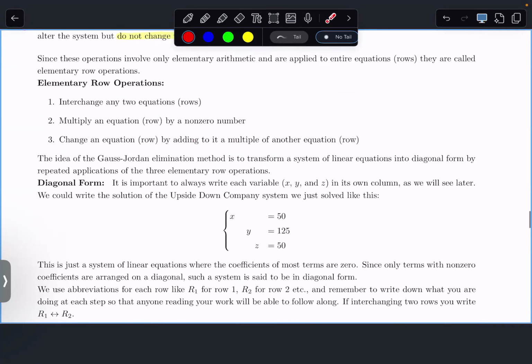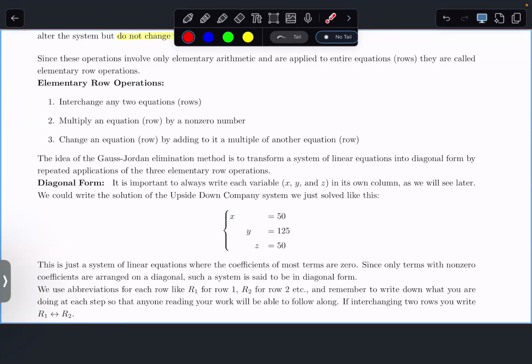Now, the idea is to transform a system of linear equations into diagonal form by repeatedly applying these elementary row operations. What's diagonal form, you might ask? Diagonal form is something like this.